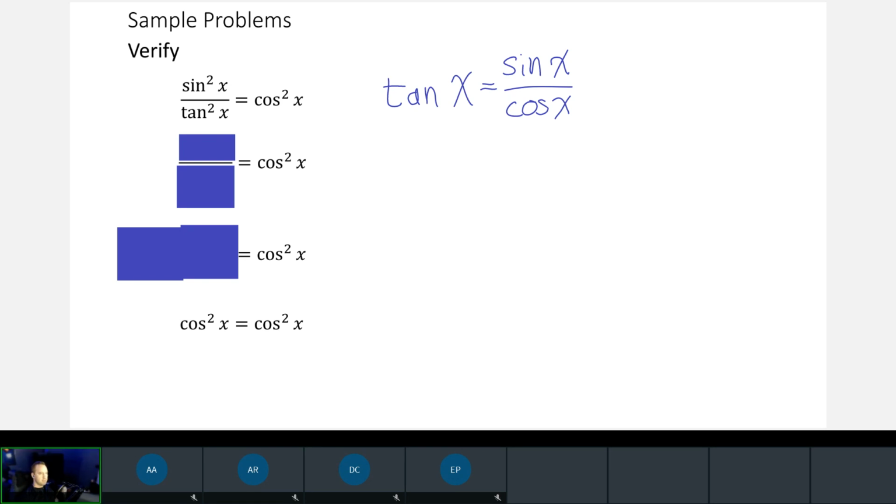Yeah, so I could take this identity and I could square both sides to make it look like this. And that is a true statement that is valid. So using this now to help you rewrite this would be helpful.